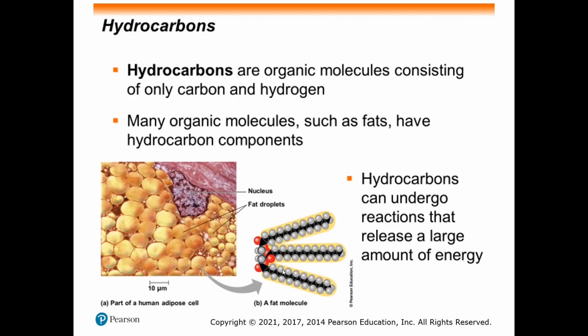So these tails are responsible for the hydrophobic behavior of fat: when we drop one drop of fat in water, it will aggregate. The black triangles represent carbon atoms and the gray balls represent hydrogen atoms.